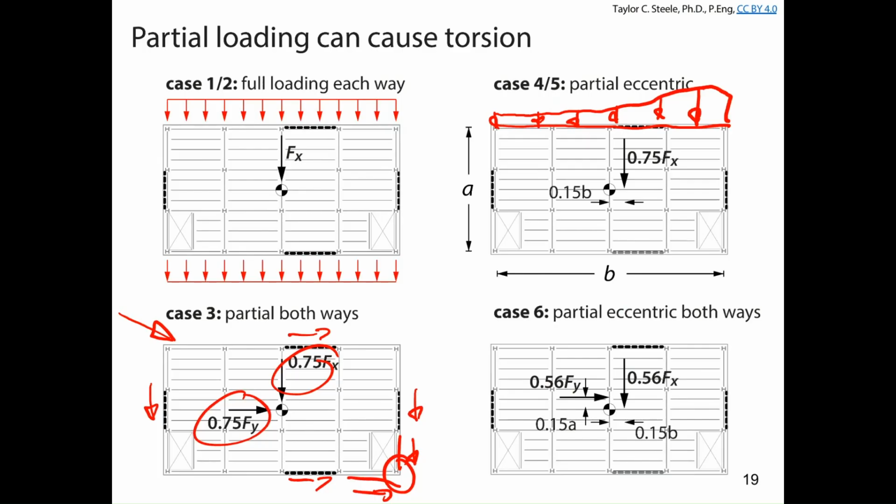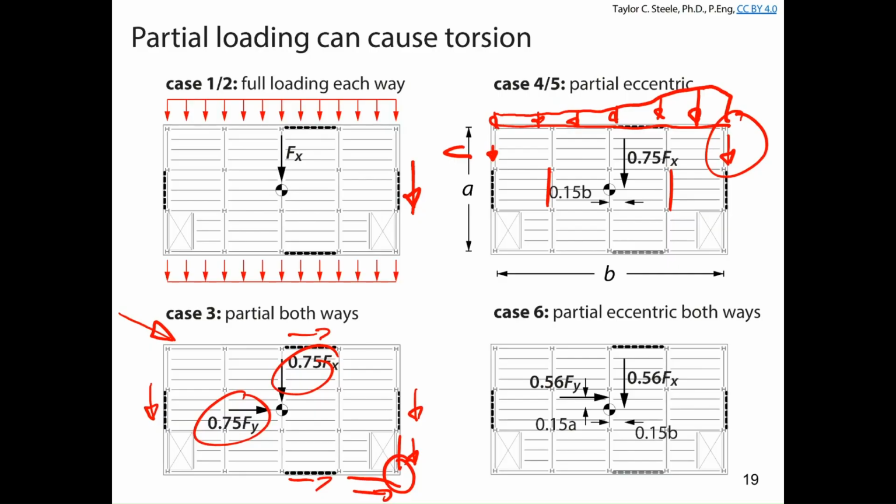However, if your braced frames are closer together, some of you have floor plans with bracing that is not at the outside faces, it's closer together within the structure, then that 75% of the load might result in a load that's quite a bit higher on one of those braced frames than the other. Okay, so in class, you need to consider the full loading. You need to consider it both directions.